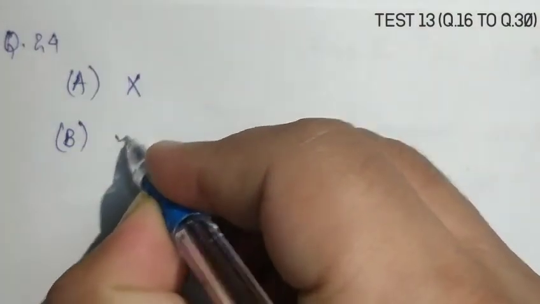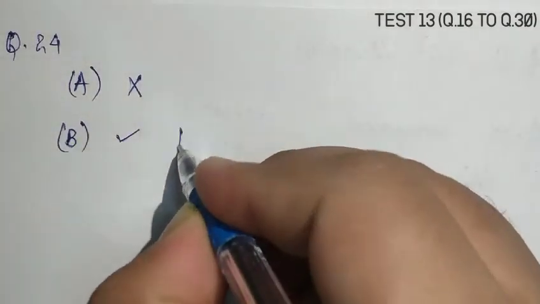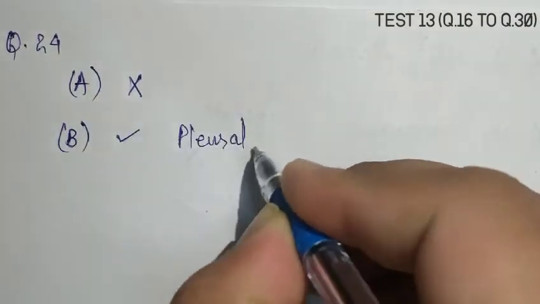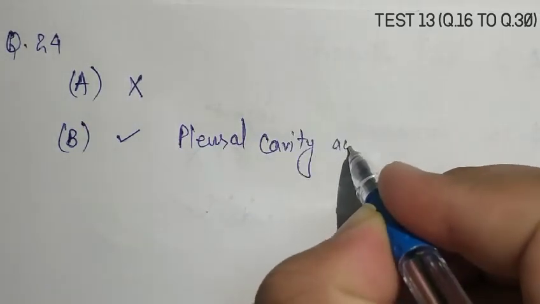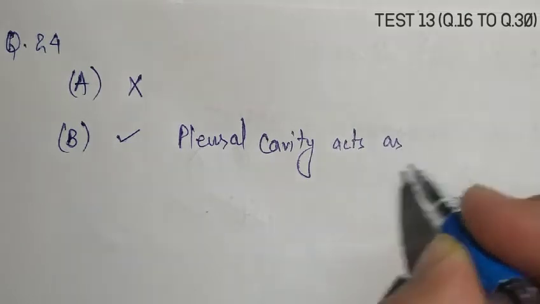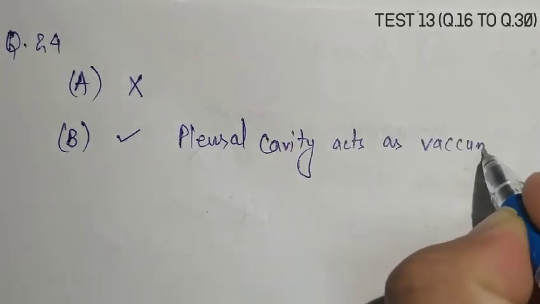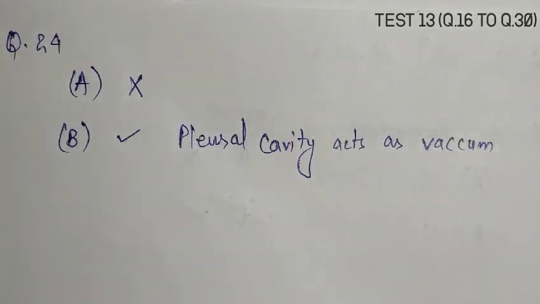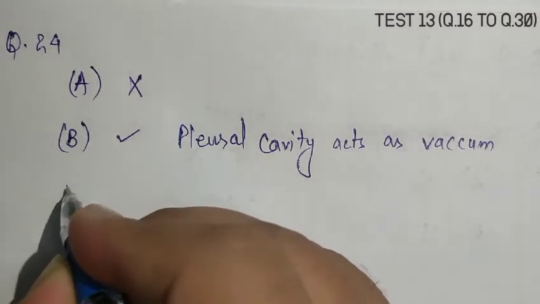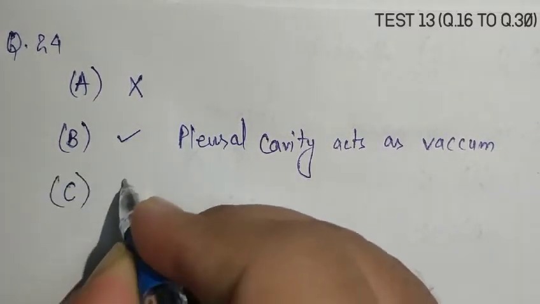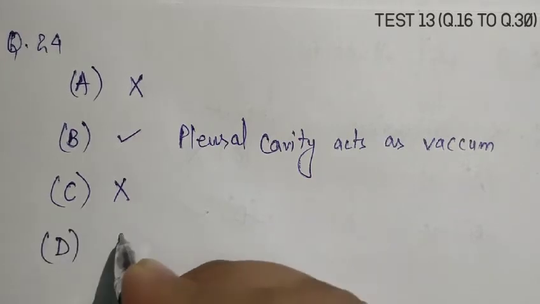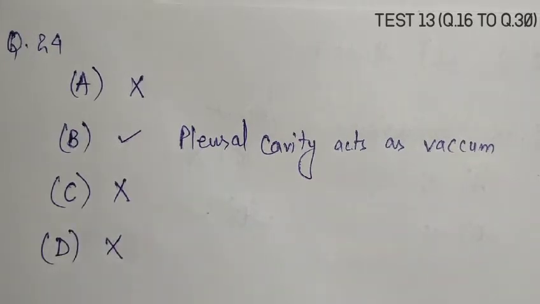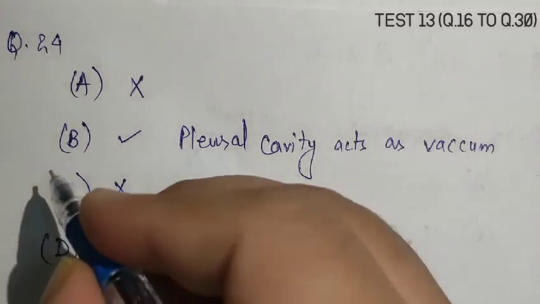The statement is correct because the pleural cavity acts as a vacuum. C. There is a positive intrapleural pressure. Statement C is false. D. Pressure in the lungs is higher than the atmospheric pressure. It is also false. So the correct answer is B.